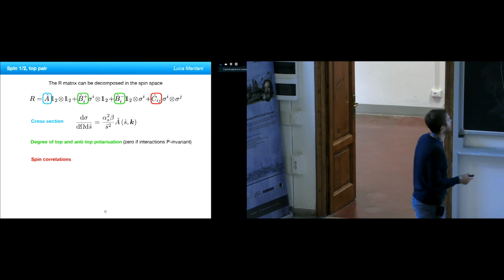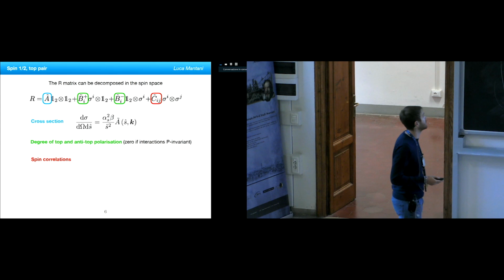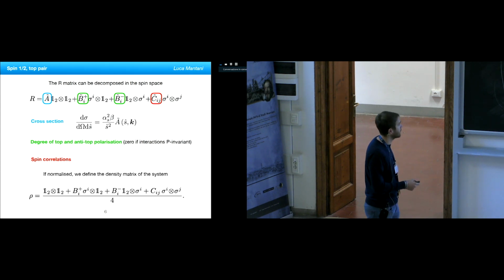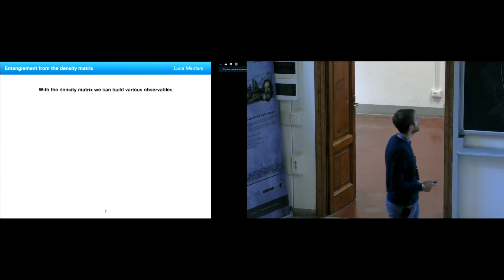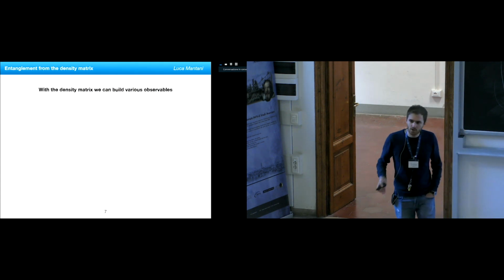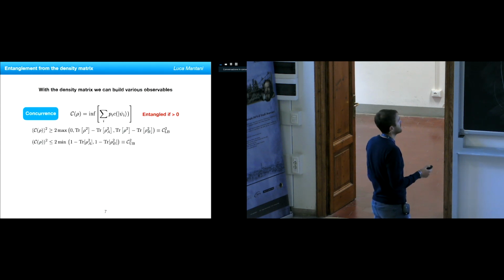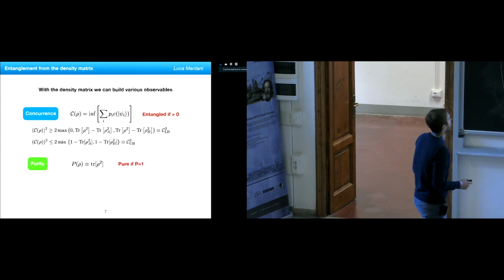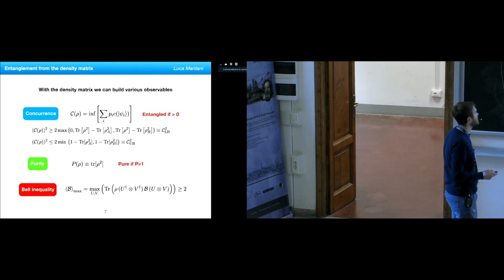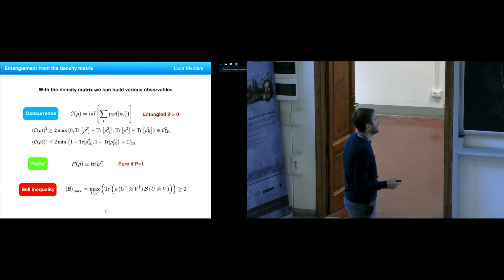Finally, this object here is characterizing the spin correlations. We normalize it, and we obtain a density matrix, okay? With this object, we can construct various observables. One of them is the concurrence, okay? We can talk about the purity of the system, and finally, we can even talk about the Bell inequality through the CHSH observable.